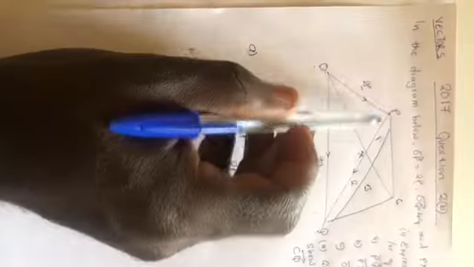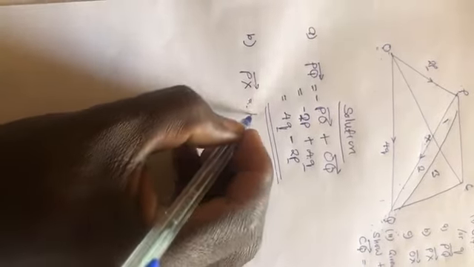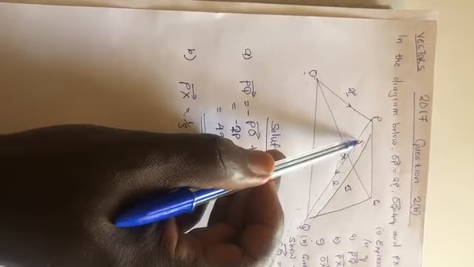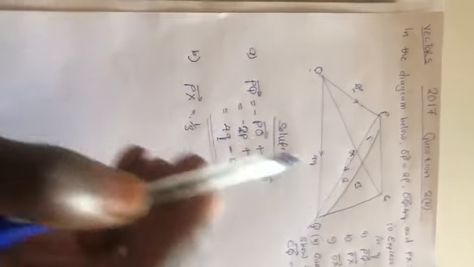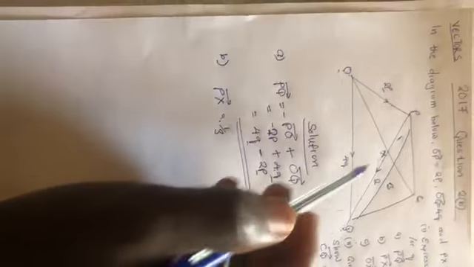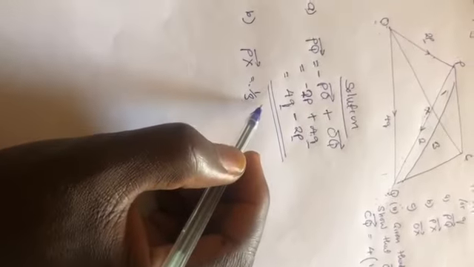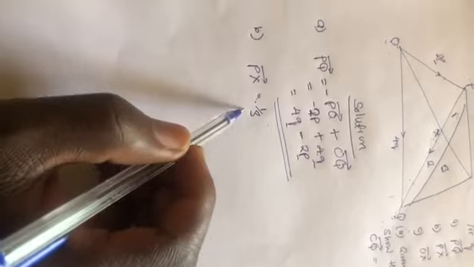So, Px, we are going to say it's 1 out of 3, which is the total. We've added 1 plus 2, which is the 3 there. Now, this 1 of 3, in which line are they lying? They are lying in PQ.